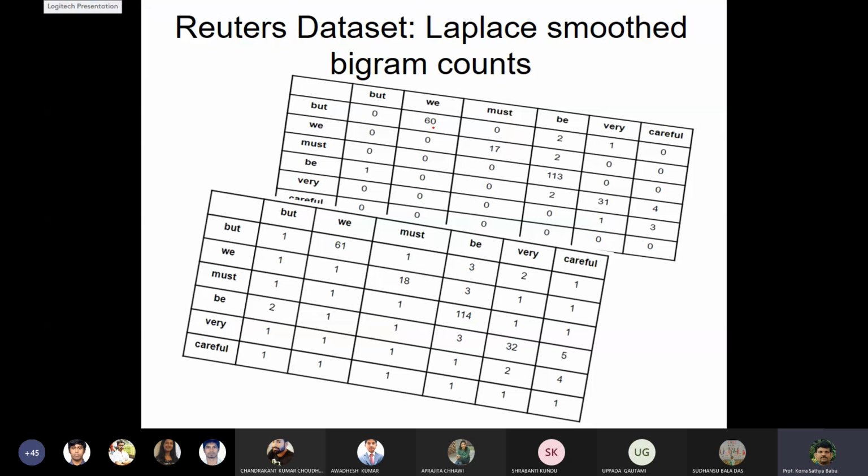You simply added one more: here it is 60 and here it is 61. Here it is 0, and here it is 1. Here it was 1 and you added one more, 1 plus 1, 2. So just one increment has been done. This is the add-one estimate or Laplace smoothed estimate.